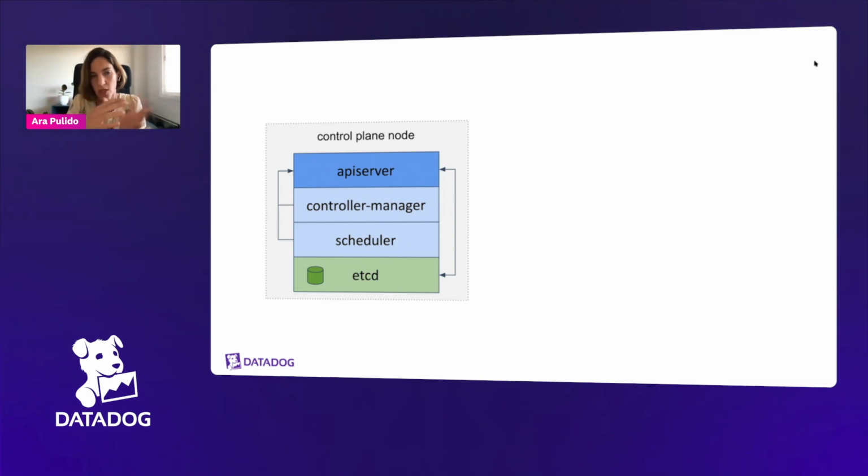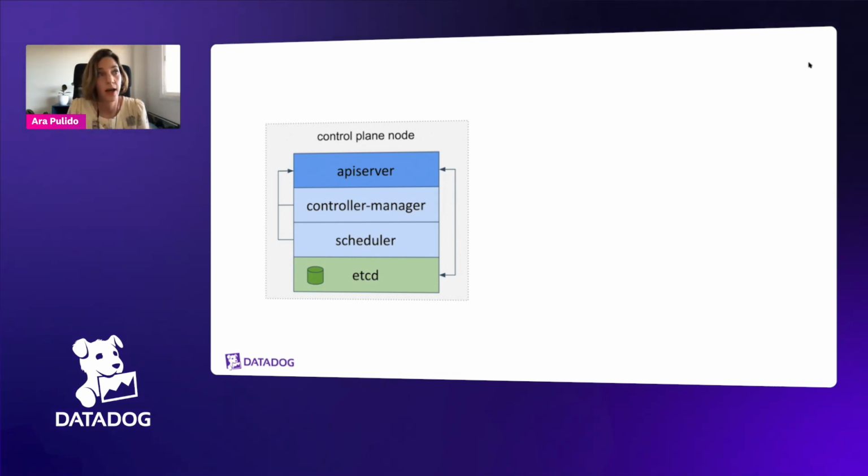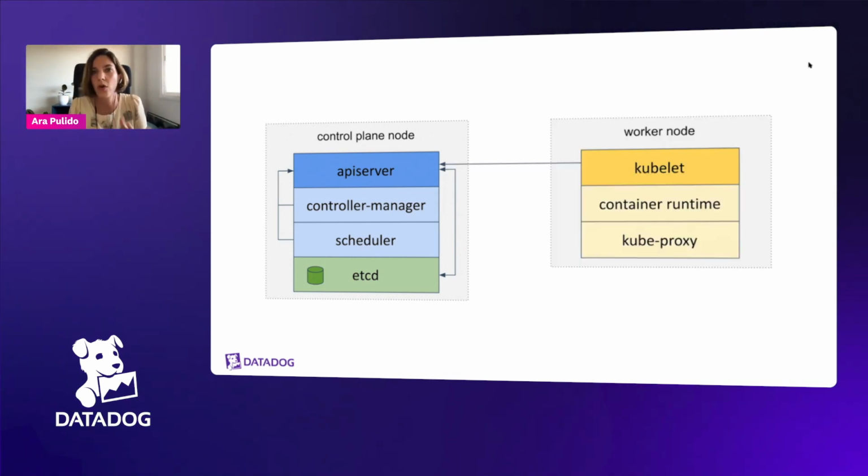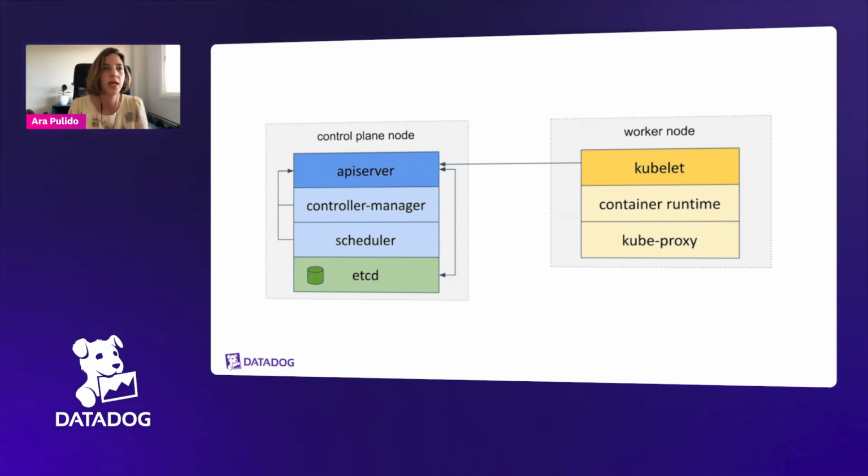Usually when you put this all together in the same node, you're talking about a control plane node or a master node. Basically in opposition to a worker node, which are the nodes in Kubernetes that actually run your containers and have different processes like the kubelet, container runtime, and kube-proxy, which I will explain later on what it is.